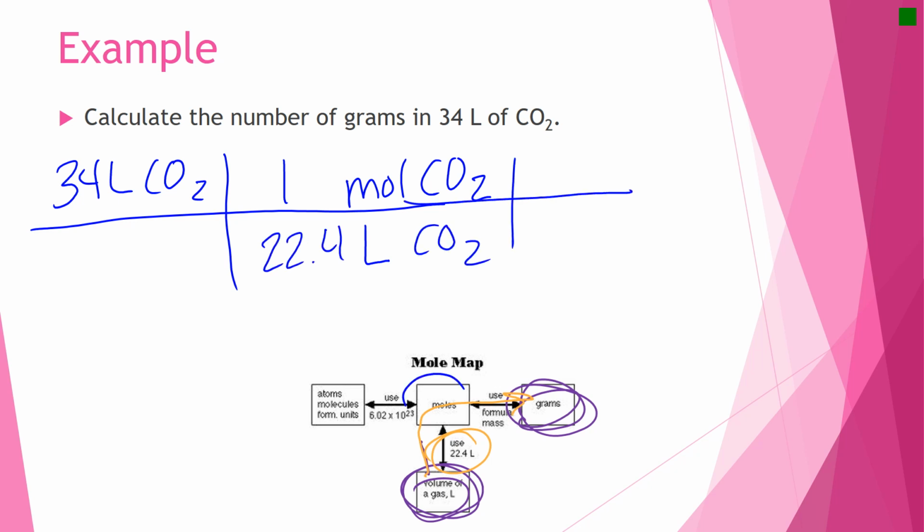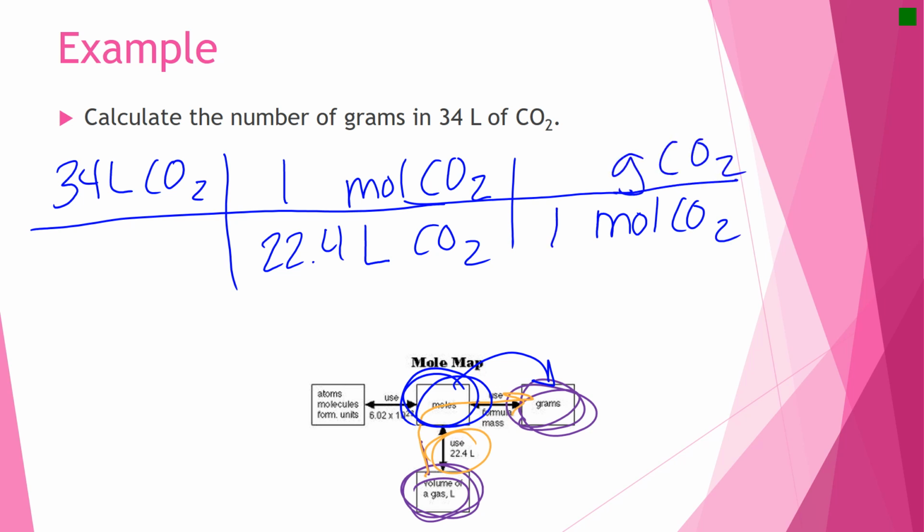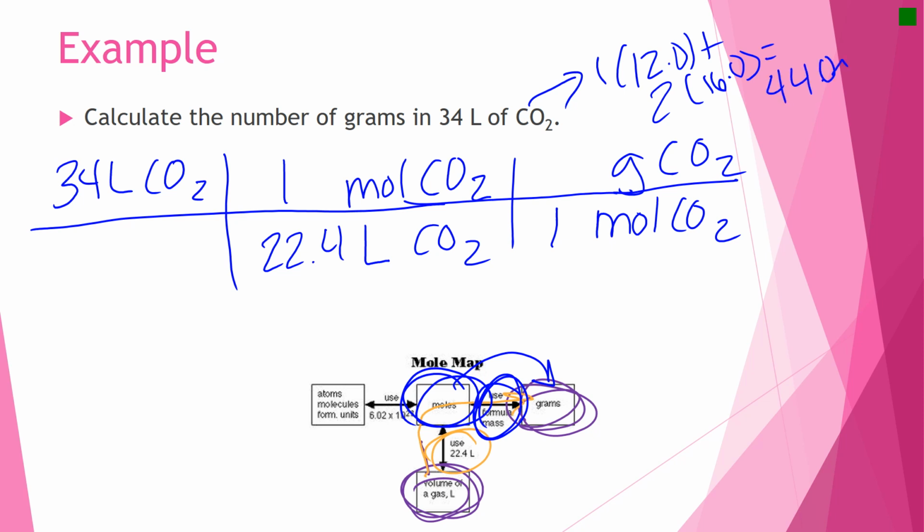Now I'm ready, I'm right here at moles. Now I need to go to grams. So moles will go on the bottom of CO2. Grams will go on top of CO2. And I know that it's 1 mole, but now I need to use the formula mass or the molar mass. So it's 1 times the mass of carbon, which is 12.0, plus 2 times the mass of oxygen, which is 16.0. So we get a total mass of 44.0 grams.